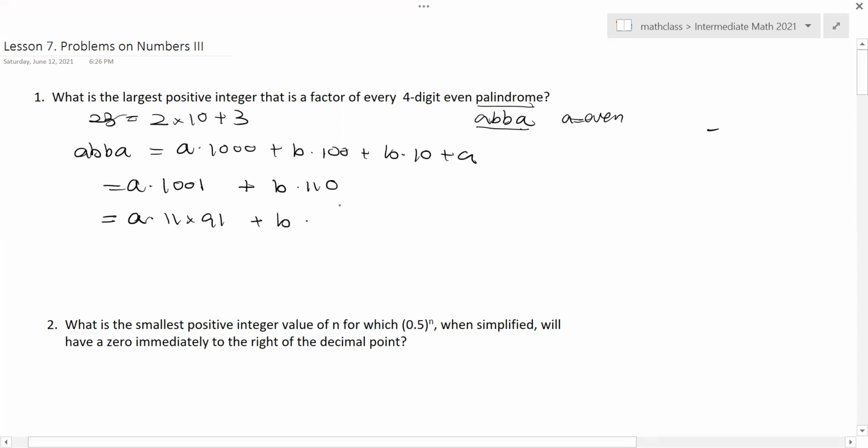And this one, 110 is 11 times 10. So at least there's a common factor. It's 11. Okay, now be careful. A is an even number, right?